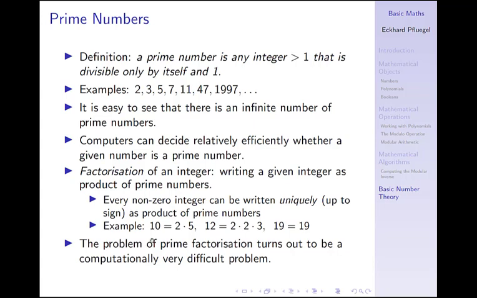For example, you can see this list: 2, 3, 5, 7, and the number 1997 as well. If you take any of those numbers, you can't find any proper divisor. They only have 1 and itself as a divisor. So clearly these are all prime numbers.